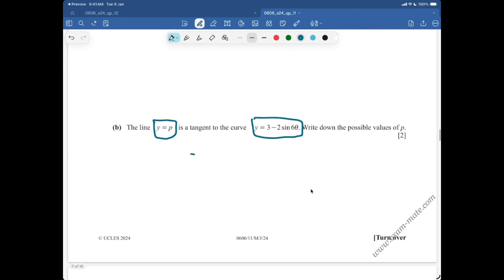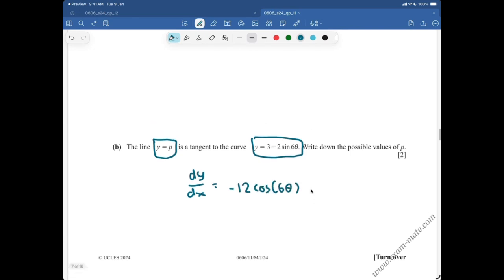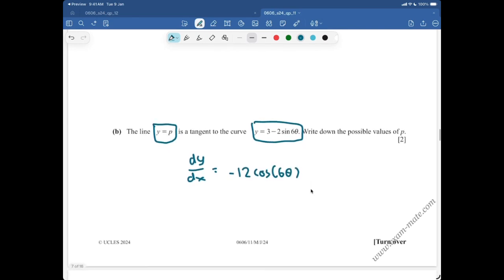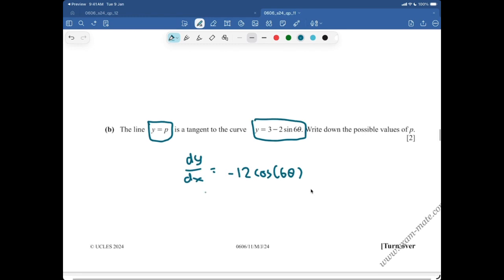So we have dy/dθ is equal to negative 12 cosine of 6 theta. So if this is equal to 0, so we have negative 12 cosine of 6 theta equals 0.